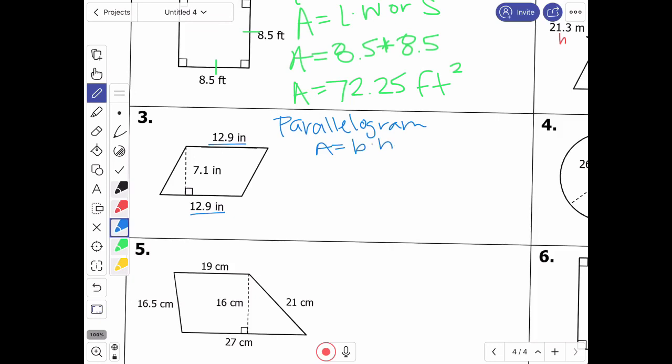And so I'm going to take 7.1 times 12.9 to get 91.59 inches squared.